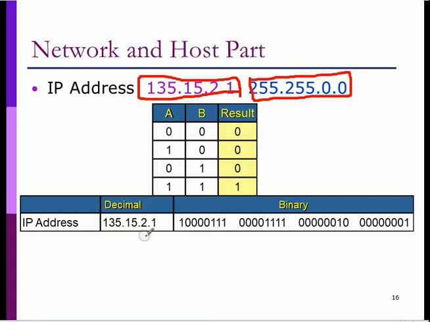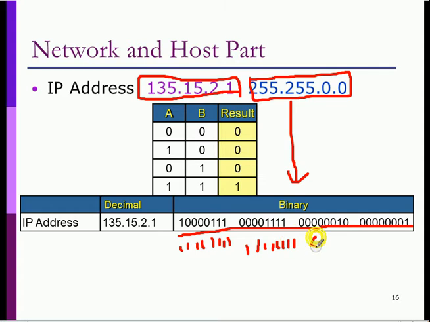Now the IP address in binary is this, and you also have the subnet mask, and if you convert this into binary, then we get 11111111 for this, again 11111111, and all the others are 0.